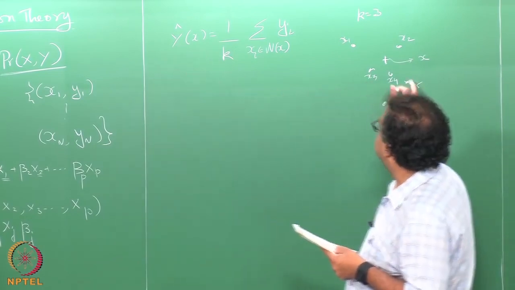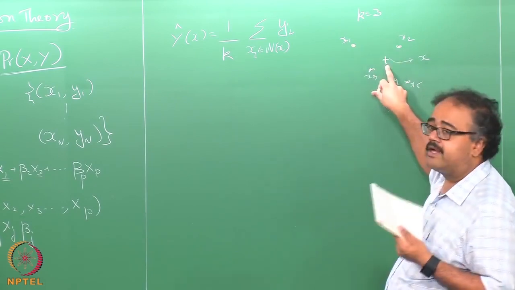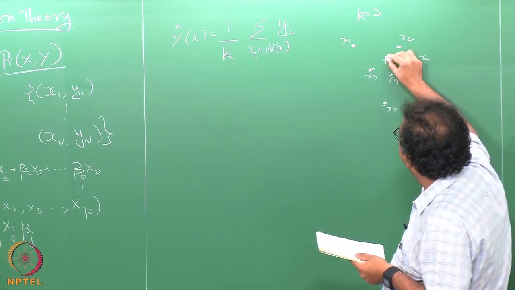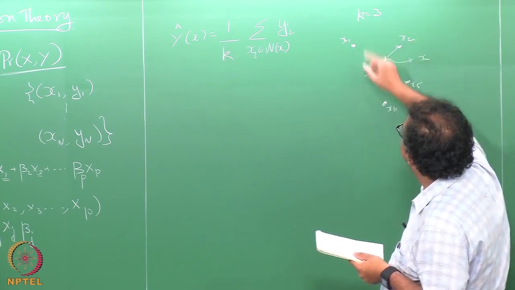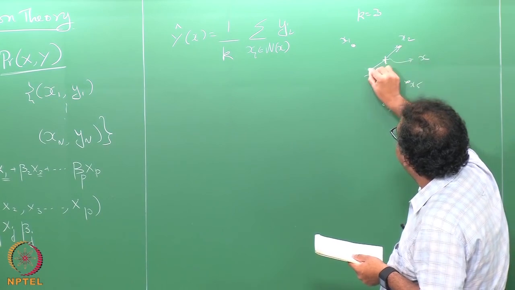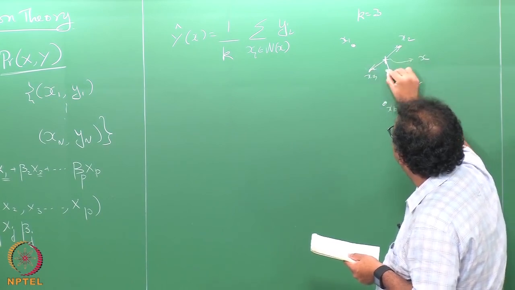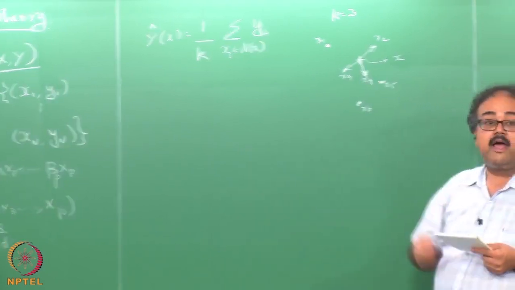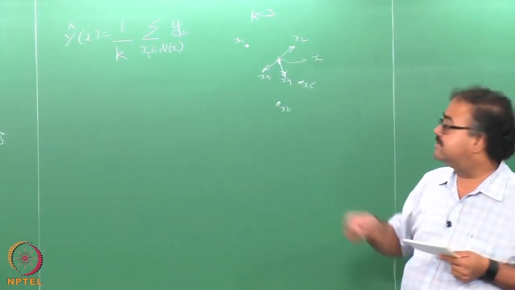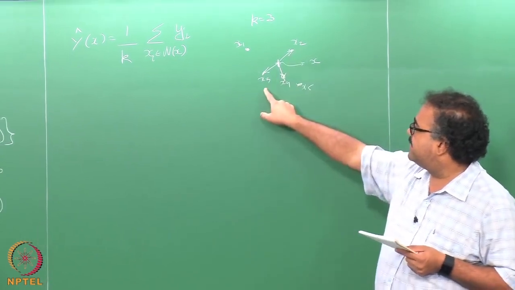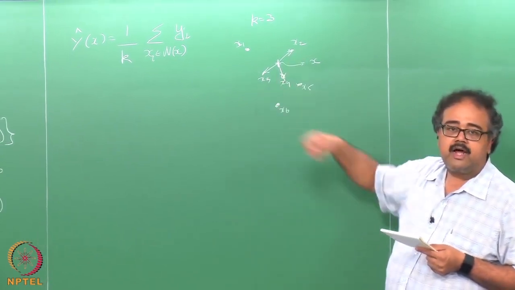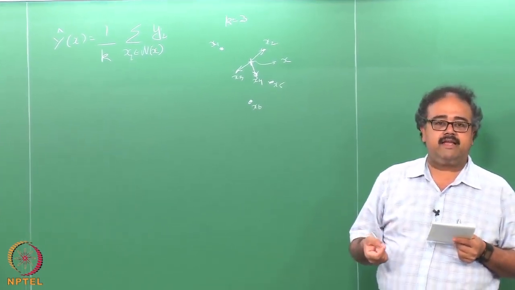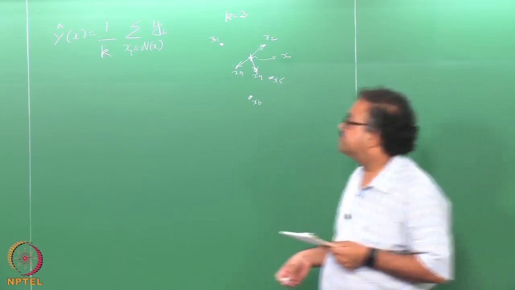These are the places which I have already measured, this is a new point, and I want to produce the output here. So, in this case I pick the 3 nearest neighbors because k is 3. I pick the 3 points that are closest to this data point and find the corresponding y's. I will pick y2, y3 and y4 and take the average of these 3 points, and I will report the value of the function at x as the average of these 3 points.